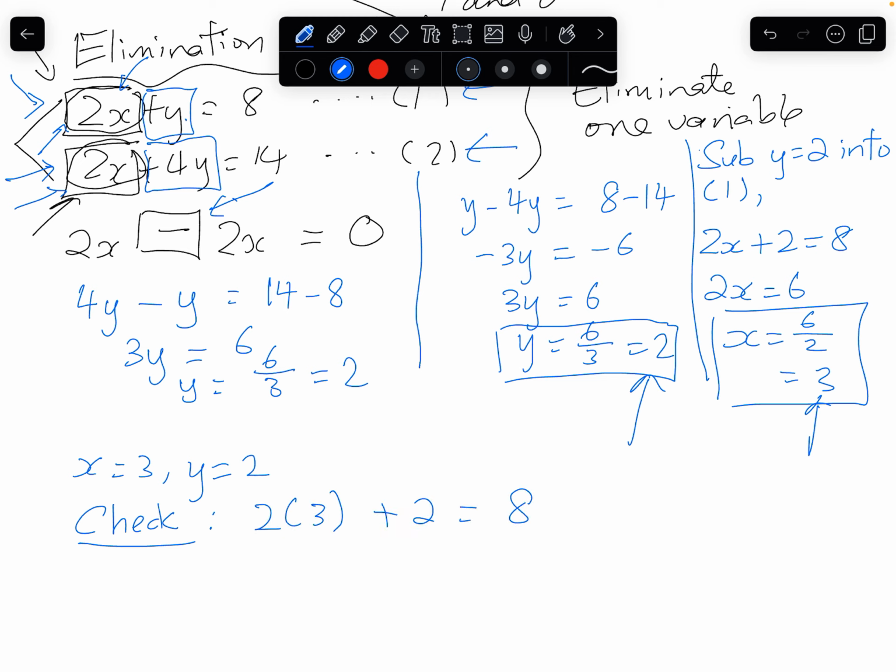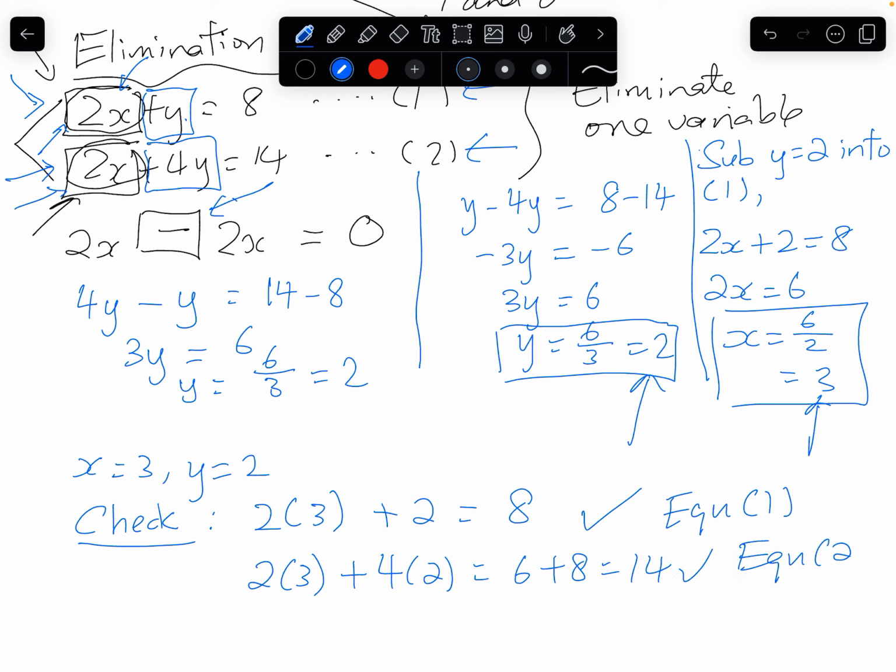That gives me 8. So this works for equation 1. I'll do that for the second equation, which is 2 times 3 plus 4 times 2. That gives me 6 plus 8, which is 14. And that works for equation 2 as well. So if I know this works, I'm bound to get the answers right for x and y. Okay? So that literally is what the elimination method looks like.